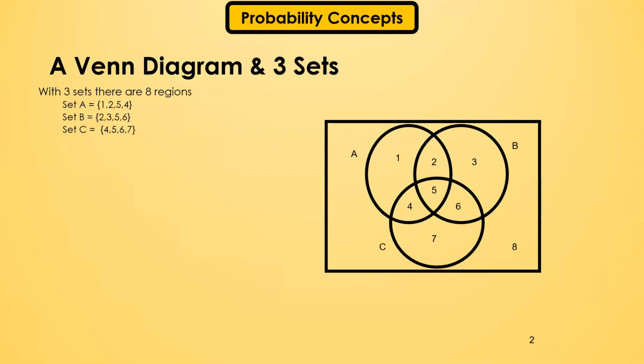So set A is 1, 2, 5, and 4. That's all of A. B is made up of 2, 5, 6, and 3.